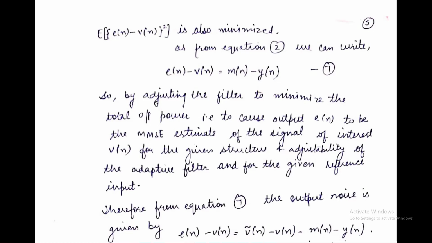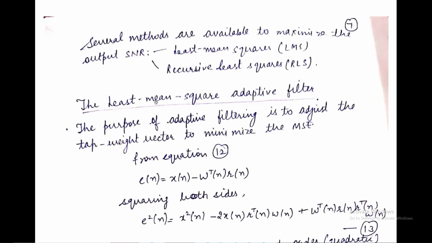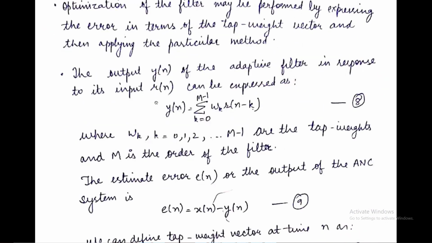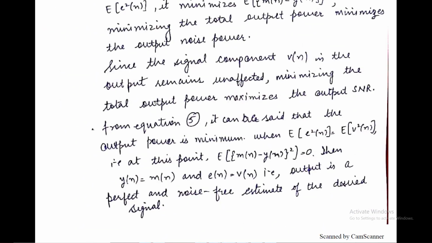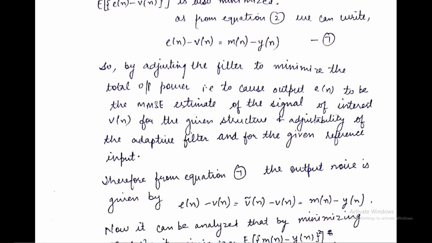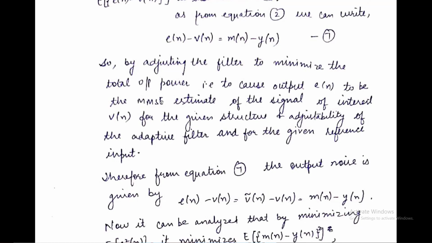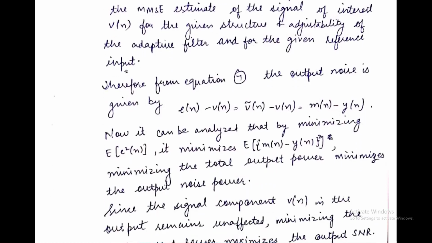Therefore, from equation number 7, you can see the output noise is given by En minus Vn. So we can take En as the estimated signal V hat n, which is again equal to Mn minus Yn.